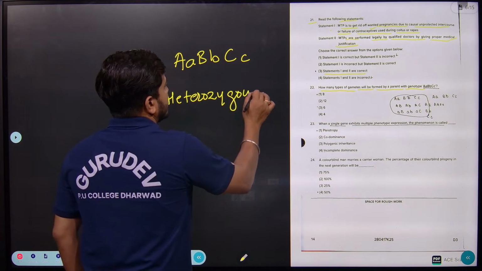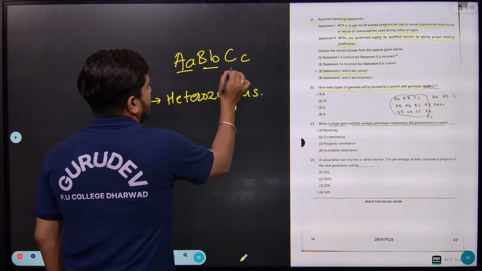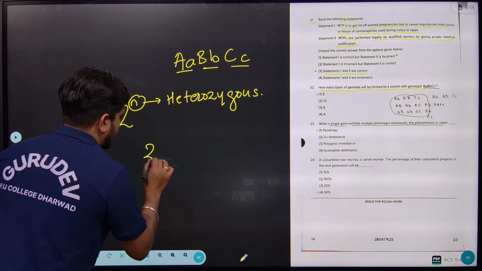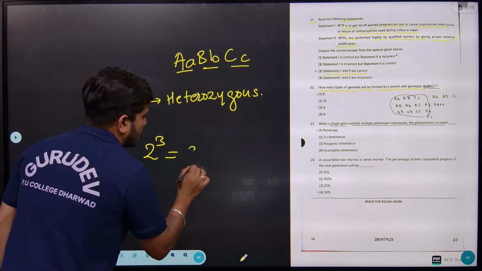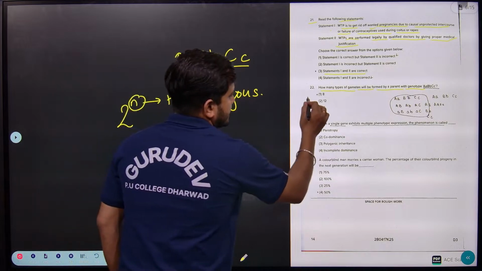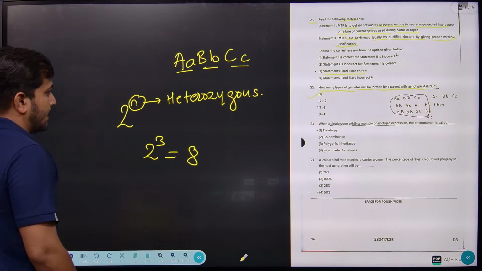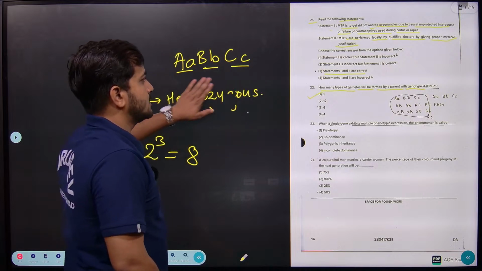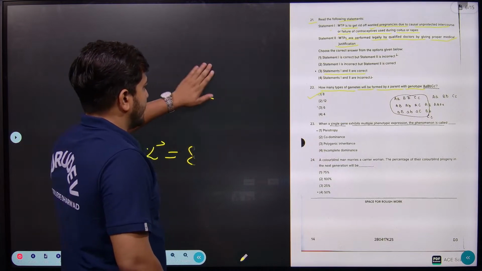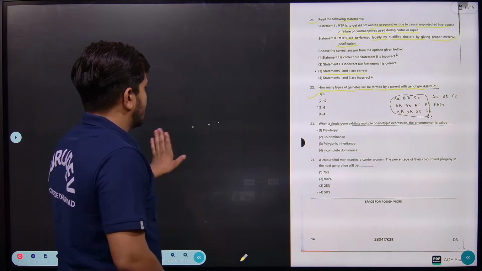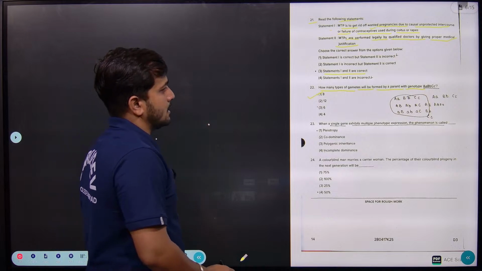How many heterozygous conditions are there here? 1, 2, 3. So 2 raised to 3 is 8. So here the answer is 8. That many gametes can be formed from the heterozygous parent with the conditions they have mentioned.